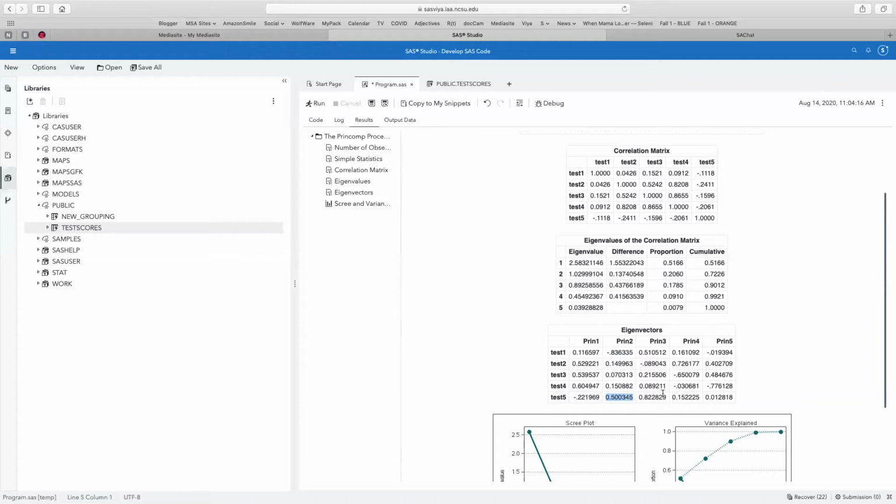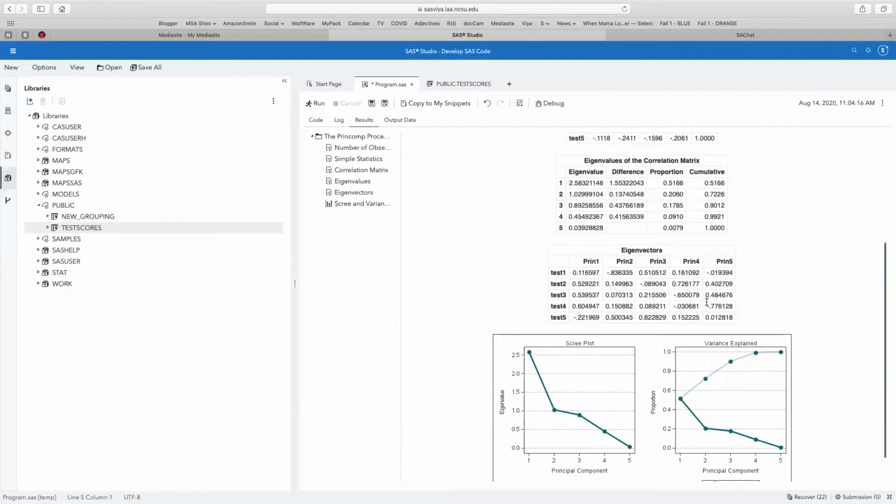Moving further on, I start to see some of these other differences between the test scores. But I can use these loadings to help me understand the scores in context. And we'll do that here in a minute. The final piece of output is just a plot of these eigenvalues.